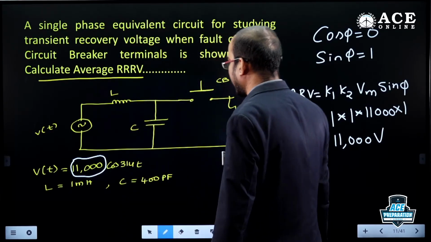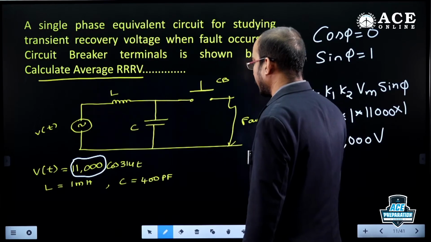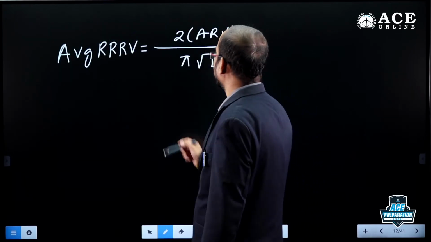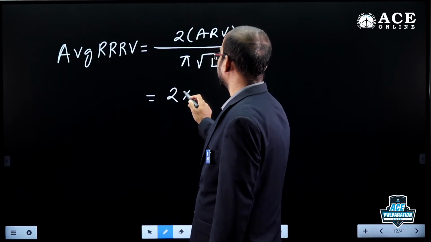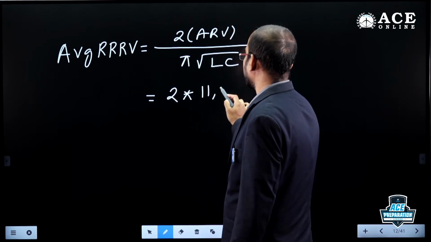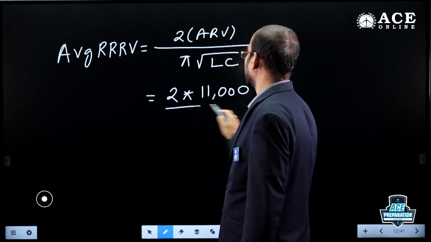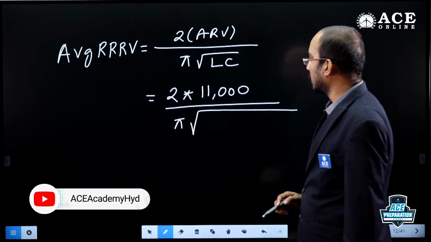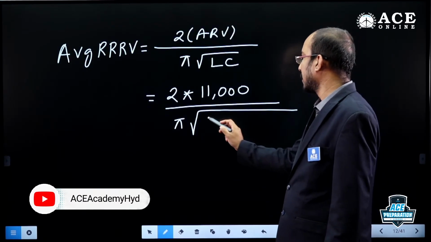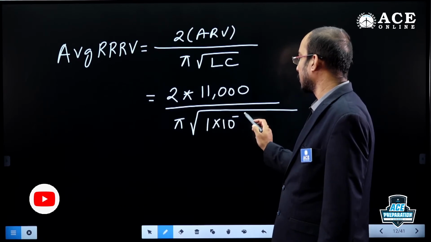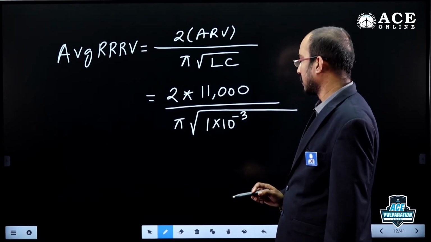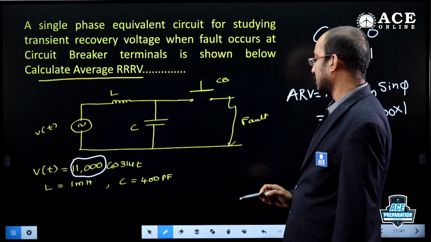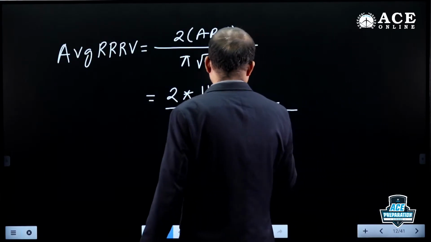Inductance is given as 1 millihenry, capacitance 400 picofarad. So 2 times 11,000 by pi root L, with L given as 1 millihenry, 1 into 10 power minus 3, and capacitance given as 400 picofarad.